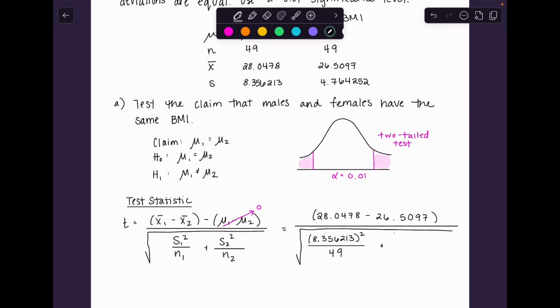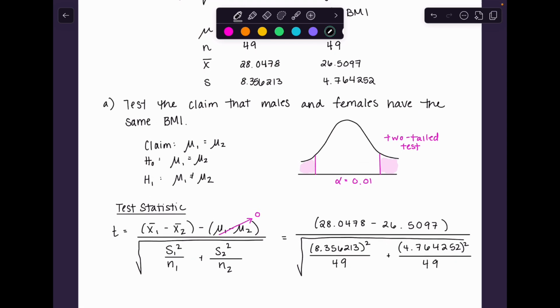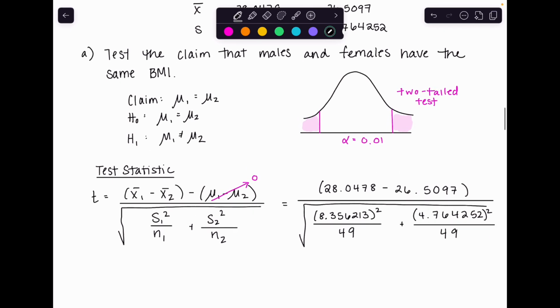And then for this, S2 is 4.764252 squared. And N2 happens to be the same thing, which is 49. Okay. So for time's sake, you can plug this into Desmos or a calculator. You should get that this is 1.13. Okay. So that is my test statistic.